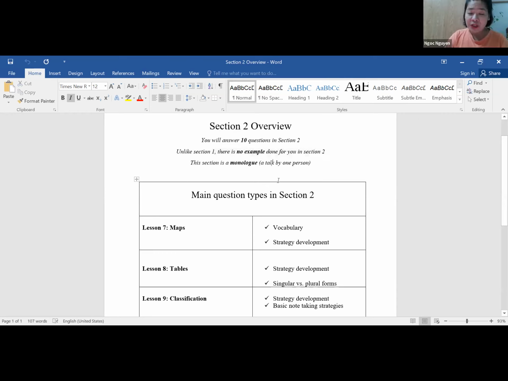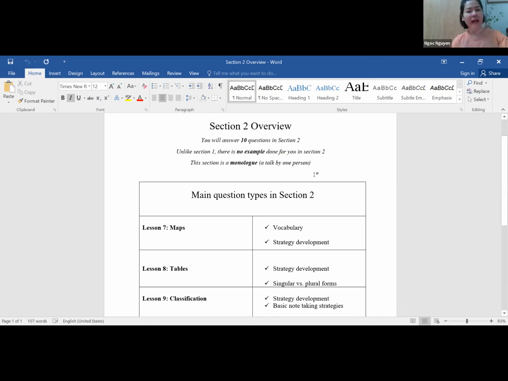And in IELTS section 2, the difference is that in IELTS section 1, it is a conversation between two people, a male and a female. However, IELTS section 2 is a monologue. What is a monologue? A monologue is a talk by only one person.